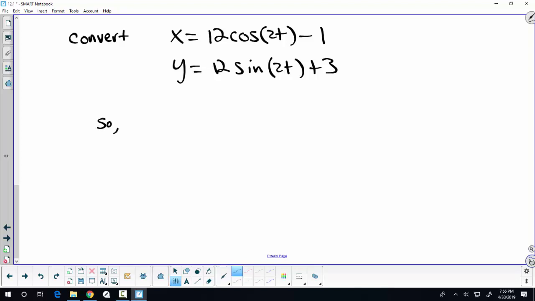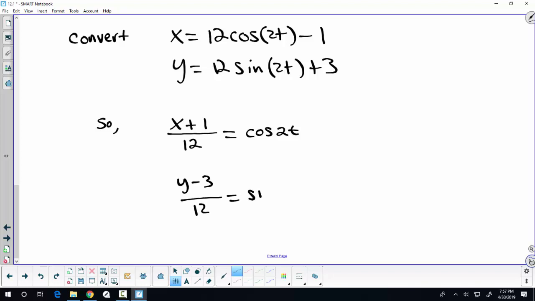So we have x, we're going to add 1 to x, and then divide by 12, equals cosine of 2t. Same thing with y, we're going to subtract 3 and divide by 12. Putting that together, we have cosine squared plus sine squared equals 1.